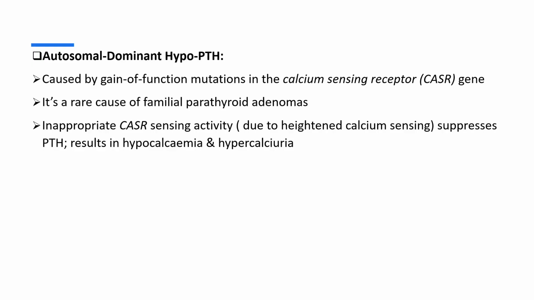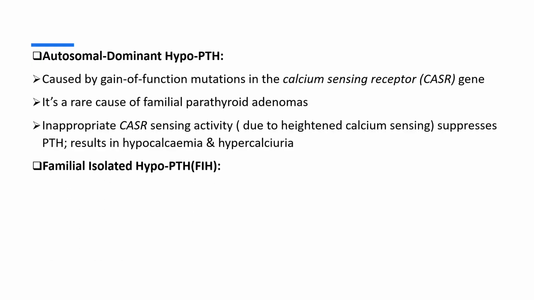We know that parathyroid hormone has a role in calcium homeostasis, and once it is not produced in normal amounts, that may result in hypocalcemia by reducing the rate of bone resorption as well as impaired reabsorption of calcium from the renal tubules, but it may result in hyperphosphatemia due to increased reabsorption from the renal tubules.